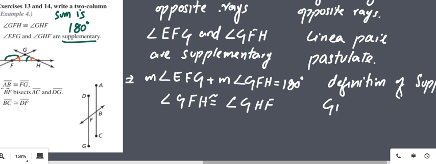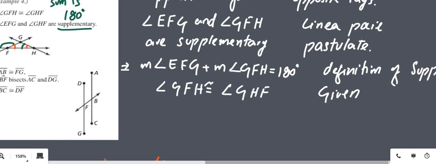It is given to us, and then when we are converting the congruency to equality, we can write that measure angle GFH equals measure of the angle GHF by definition of congruency.